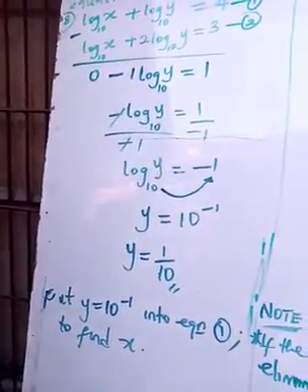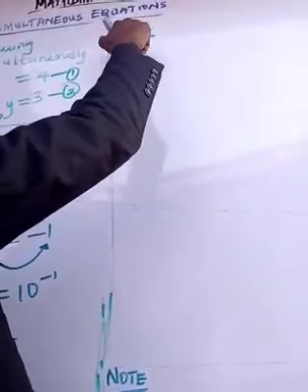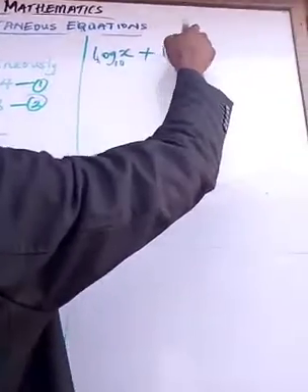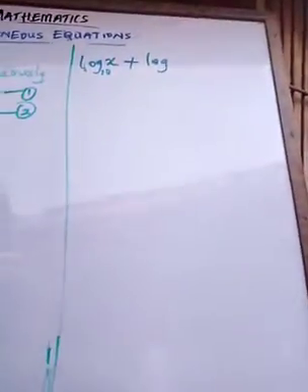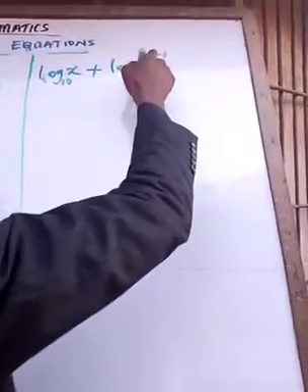So from equation 1, we have log x base 10 plus log of y, which is 10 raised to power minus 1, base 10, equals 4.